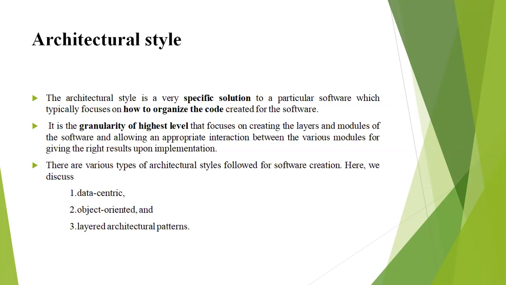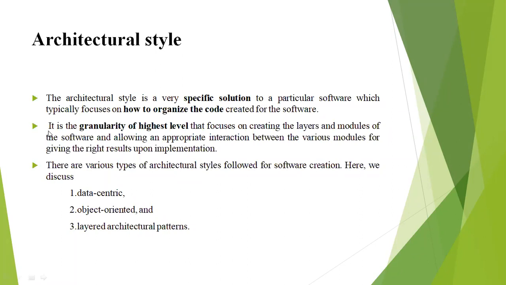Like that, we implement different styles for a project. So this is called an architectural style. It is a very specific solution to a particular software which typically focuses on how to organize the code, how to develop the code for our given project or software.